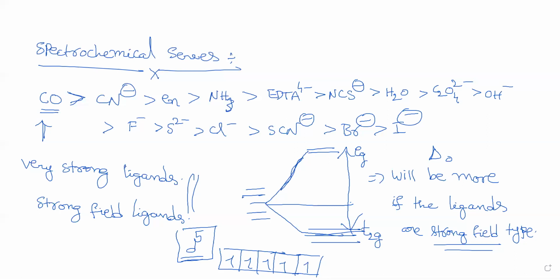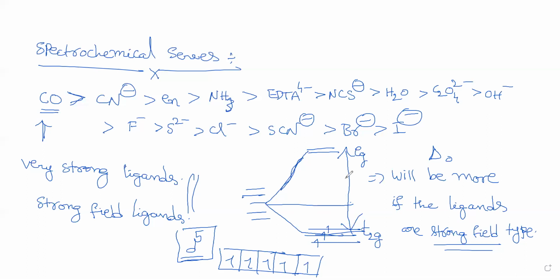Now let's see, what happens in the strong field? These 5 electrons have to be filled. First they will fill at the low energy level, 1, 2, 3. Then the next electron has to go up here.